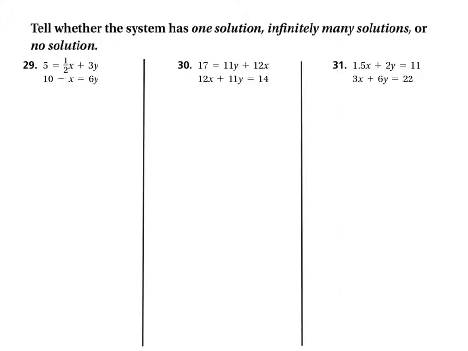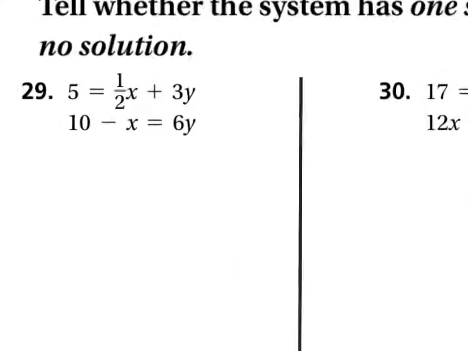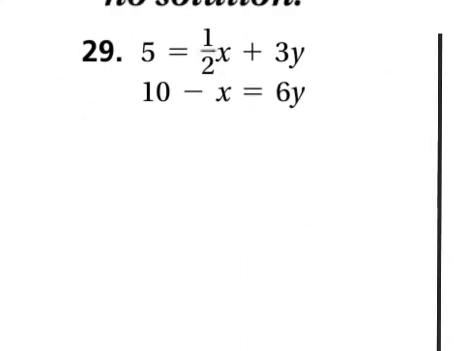We need to isolate a variable. So I'm going to zoom in on this one and do a quick little screen grab of this one. That way I'll be able to solve for x. Before, I added x to both sides and then subtracted away 6y to move it over.